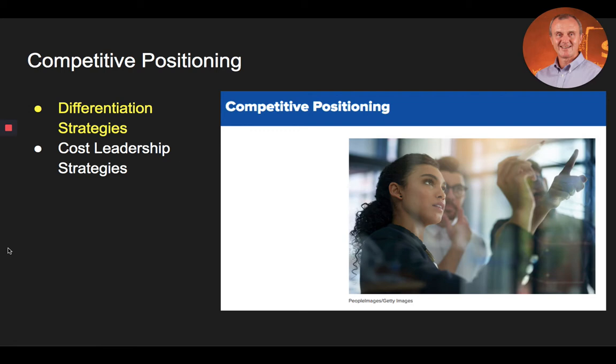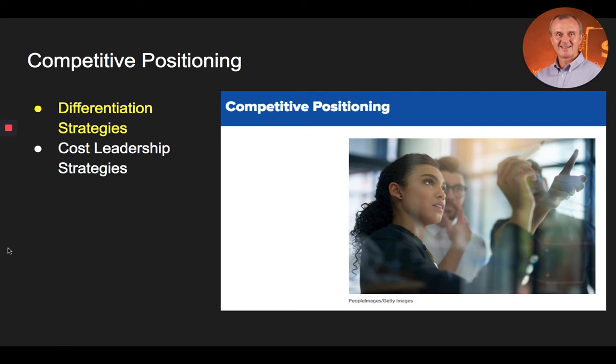A final decision that managers make when pursuing a differentiation strategy is whether to pursue a focus strategy or a broader-based approach. A focus strategy emphasizes a very specific set of customers to target. Customers might be targeted based on many different dimensions, such as income, business versus individual customers, geography, age, and so on.